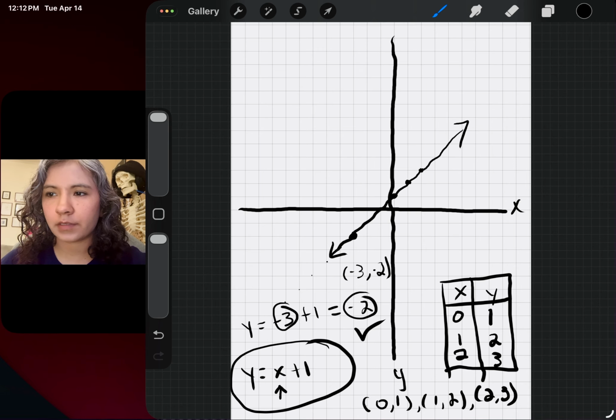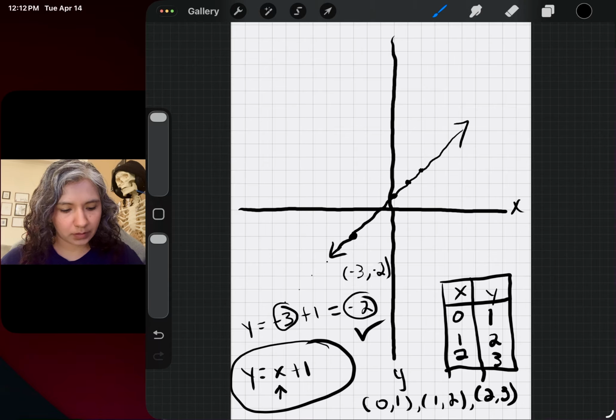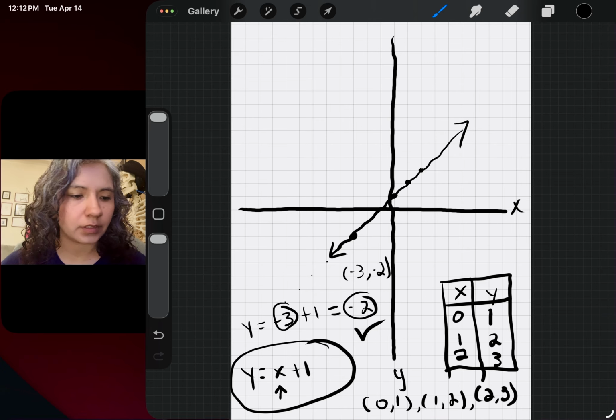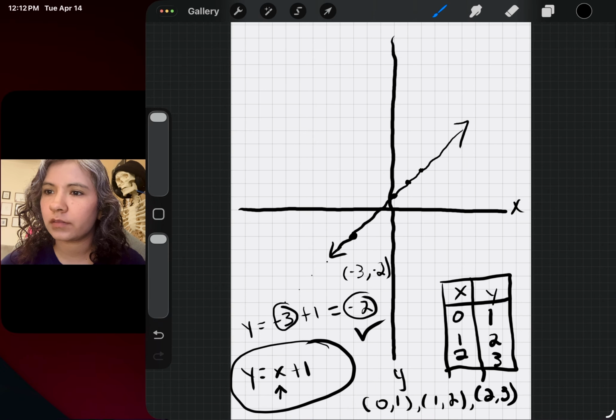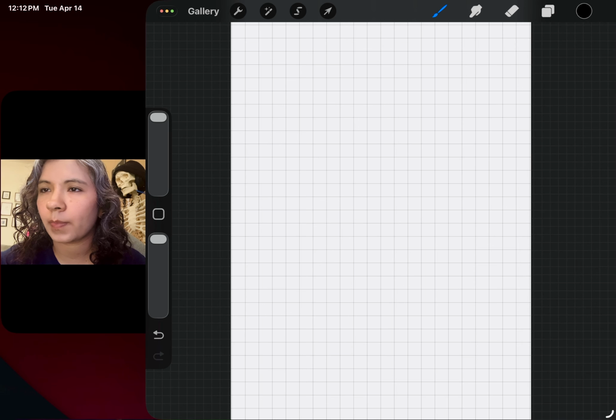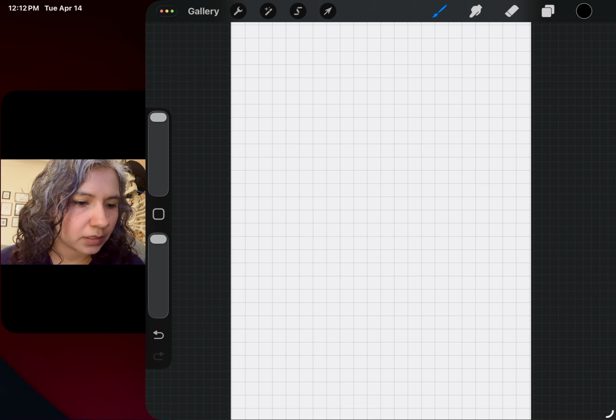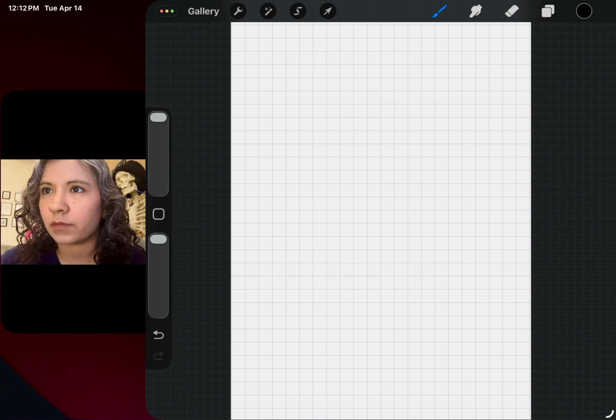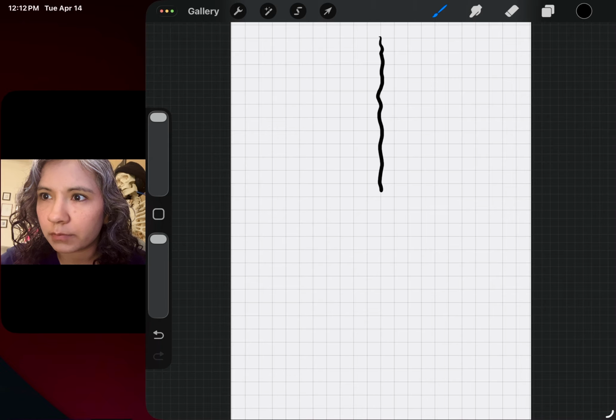So graphs can represent rates of function. So like time rates, like speed. We can say speed as distance over time.